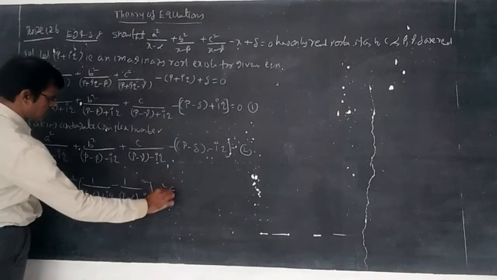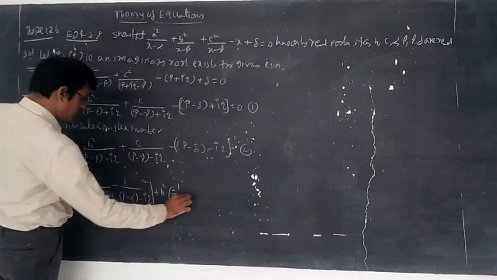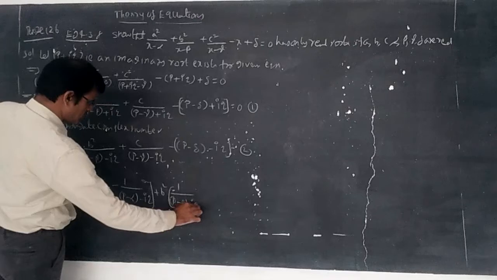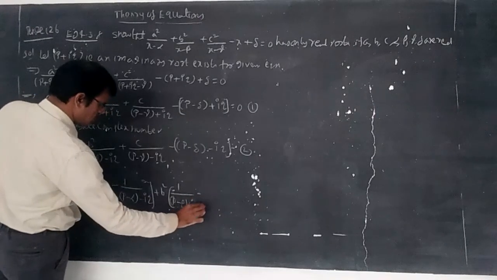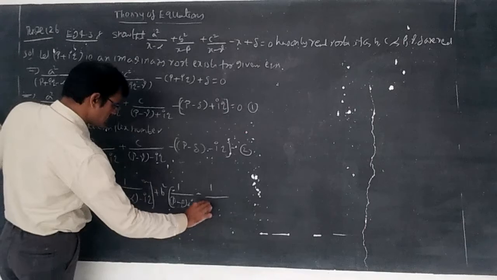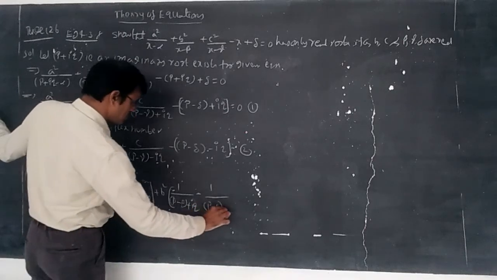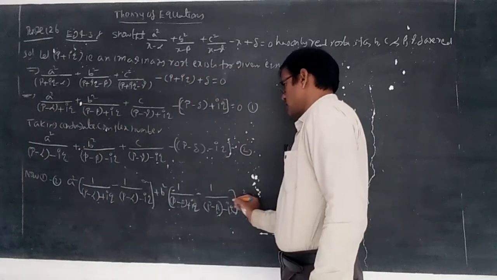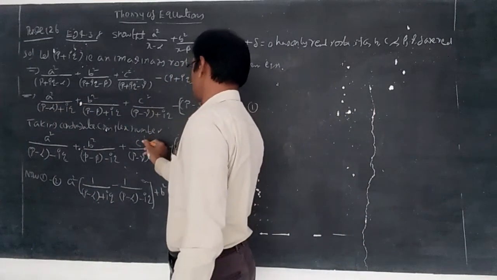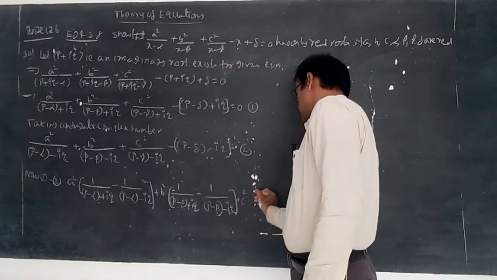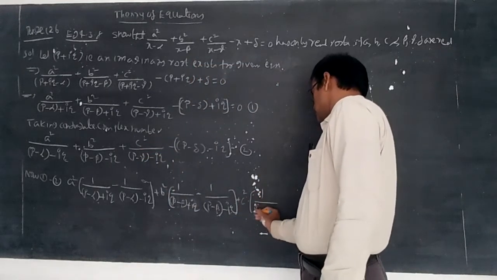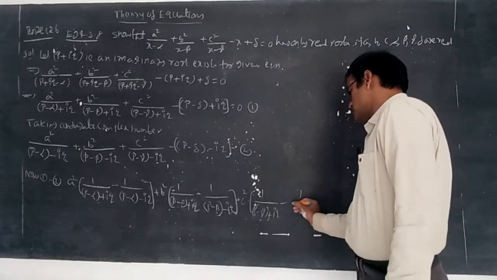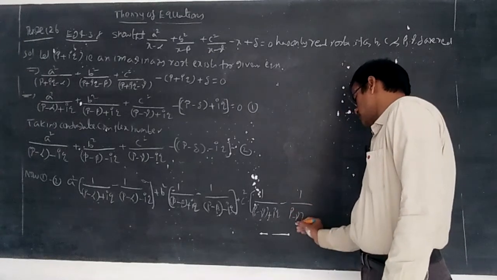In the similar way, put a bracket, b square, 1 by p minus beta plus iq minus 1 by p minus beta minus iq, plus c square into 1 by p minus gamma plus iq minus 1 by p minus gamma minus iq.